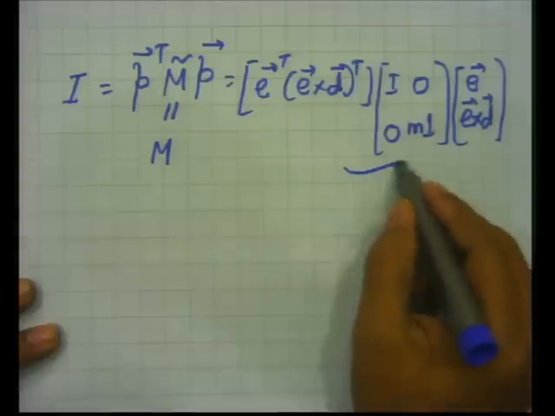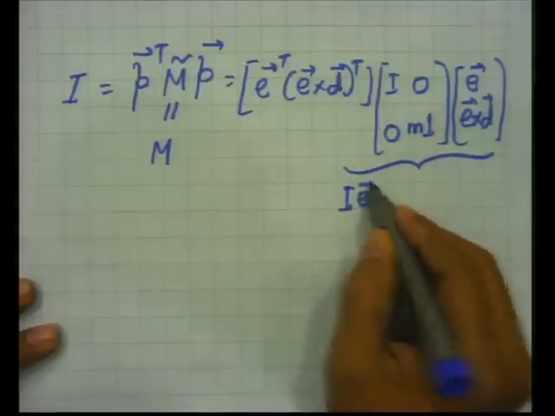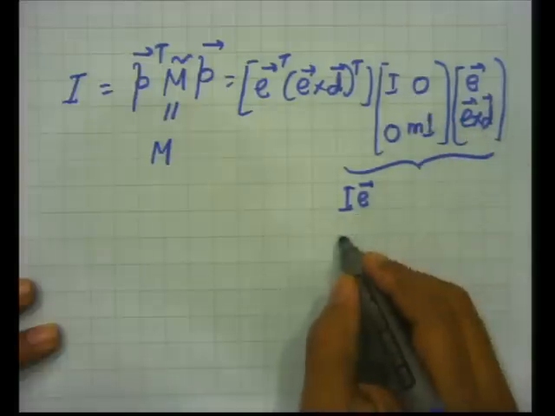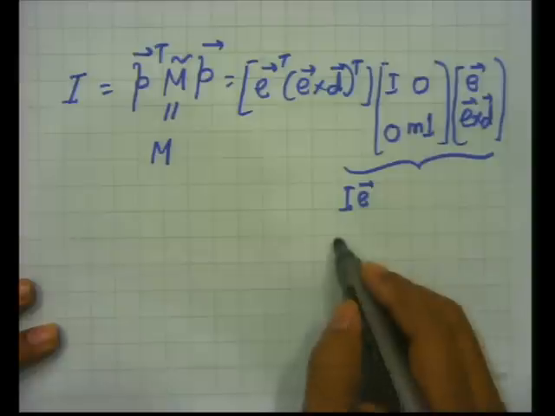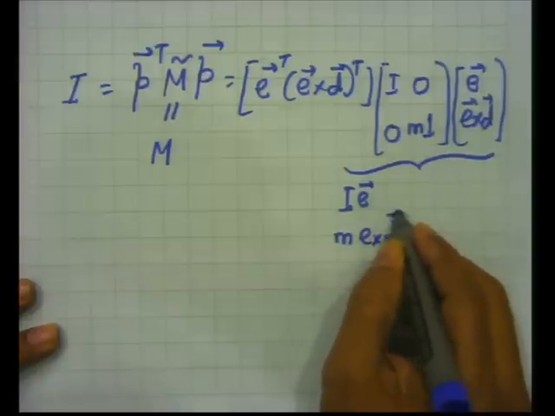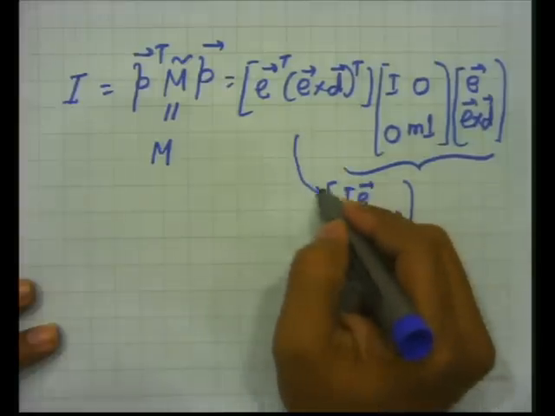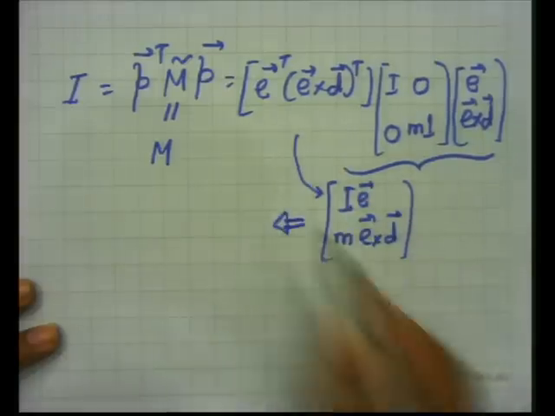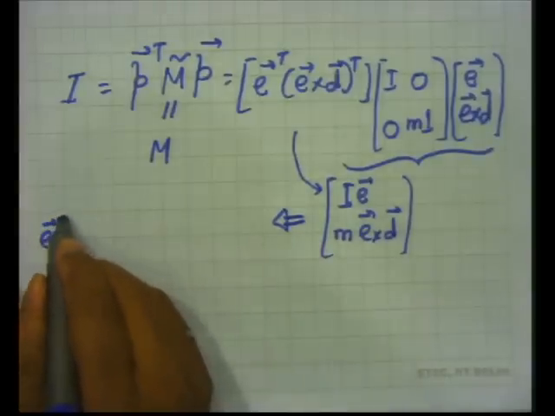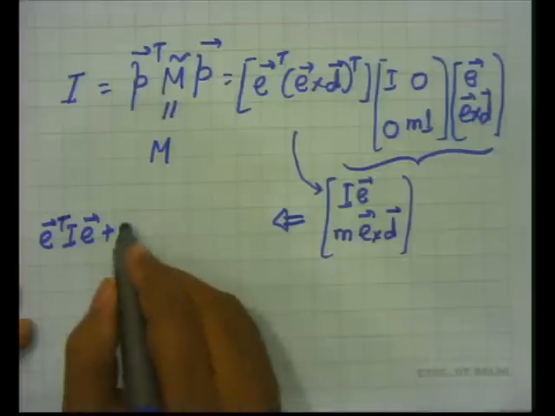So, let us do this operation first. I into E I E plus 0 into this thing, since it is a 0 matrix nothing will come. We come to the bottom: 0 into E 0, and m E cross D. Now, we do this operation and the final result will be E transpose I E plus m into E cross D transpose E cross D.